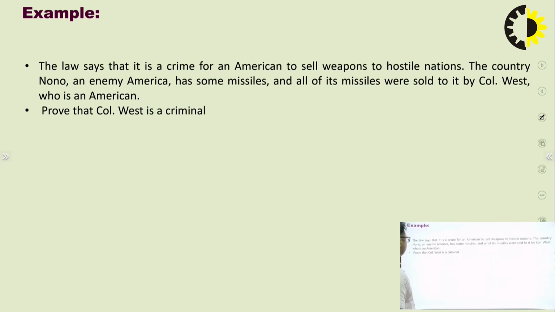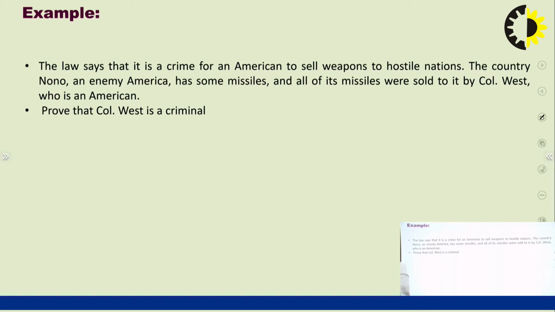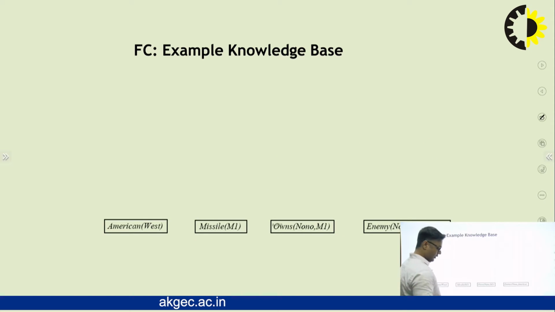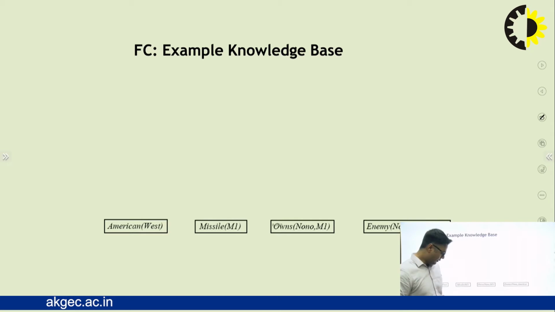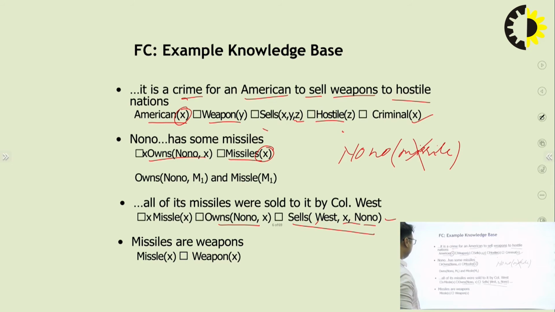My main motive is to prove that Colonel West is a criminal. So here, through the tree, I have to use some statements and some nodes, and finally describe the proof that West is a criminal. Using the fact forms, the right side is my fact statements, and in every left part is a fact statement.